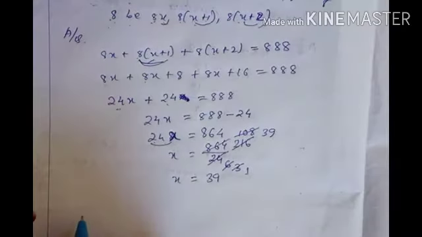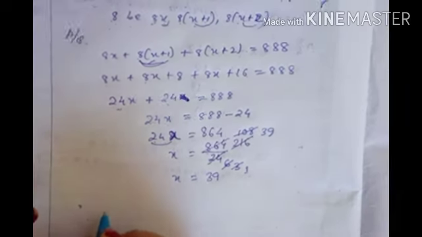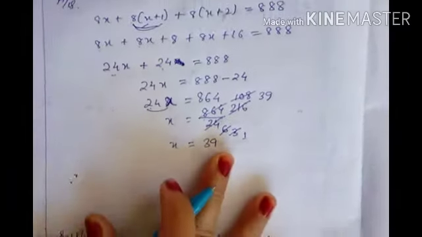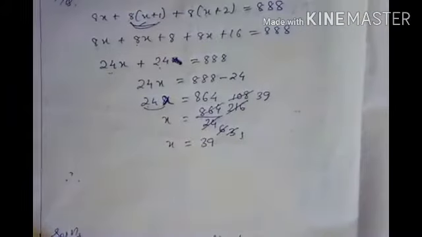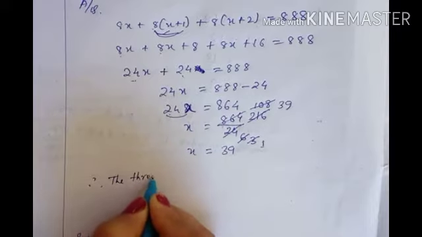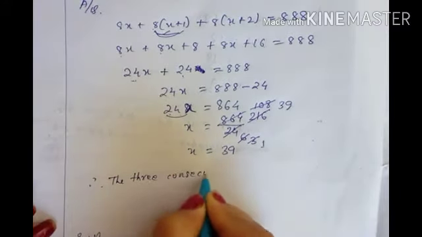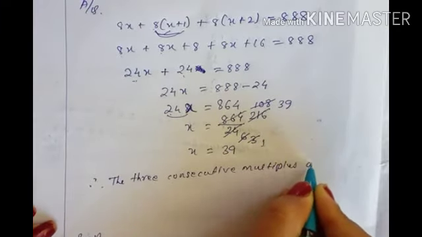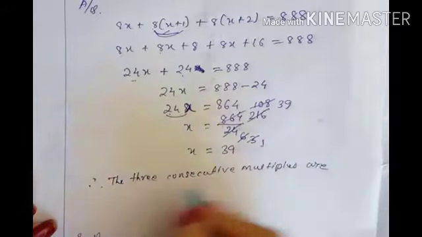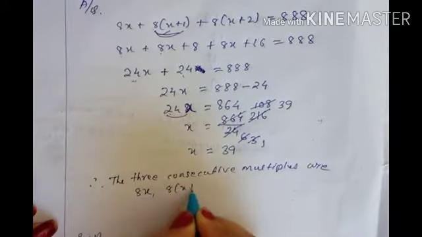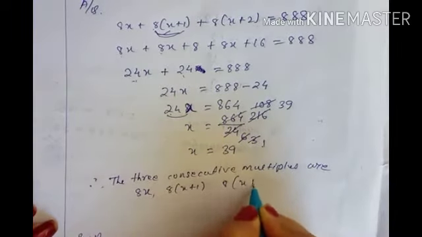39. So what are our three consecutive numbers? So our three consecutive multiples are what we took, 8x, isn't it? 8x, then 8 times x plus 1, then 8 times x plus 2.